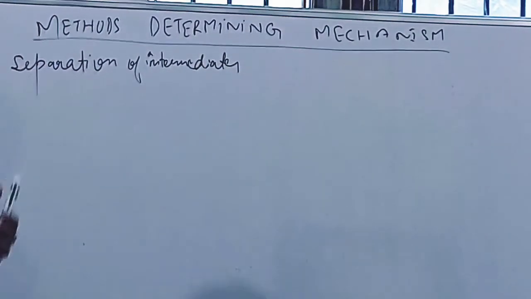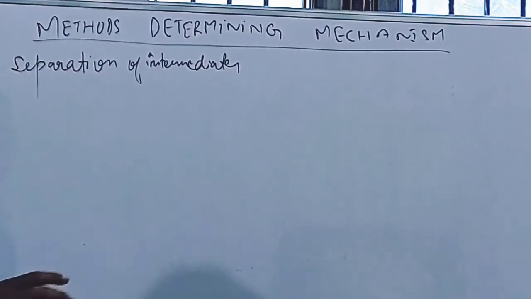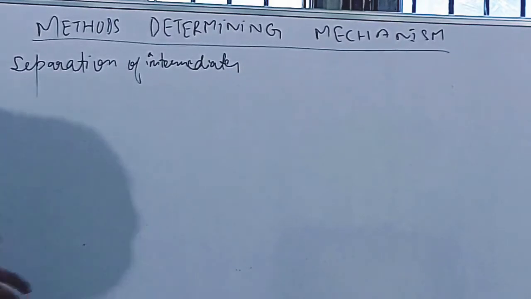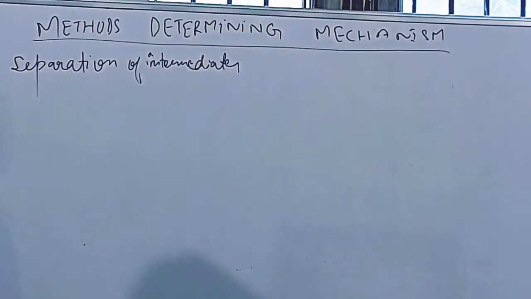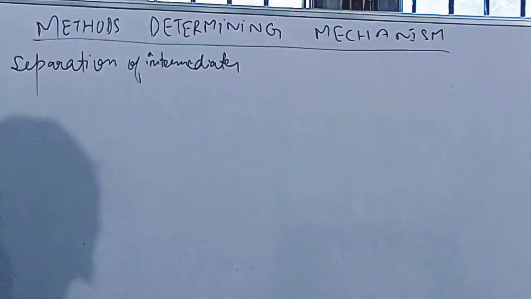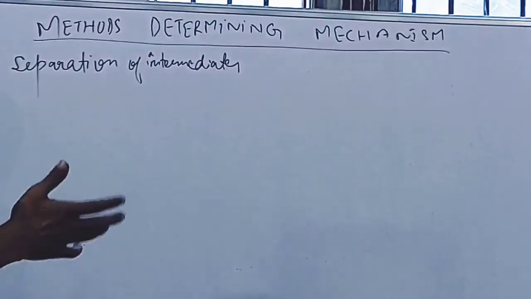Our next method is separation of intermediates. So how can these intermediates be separated in a reaction? They can be separated at the initial time of the chemical reaction and in mild conditions. So we have to hurry in separating the intermediates by keeping mild conditions.